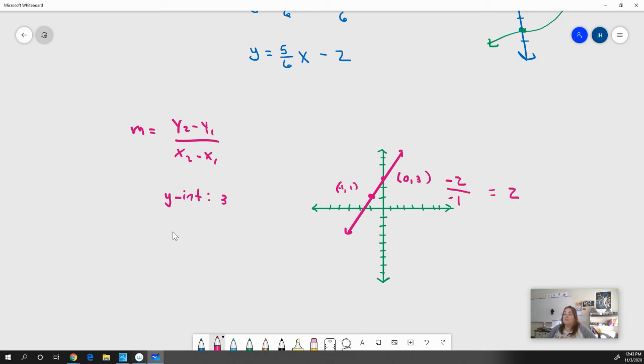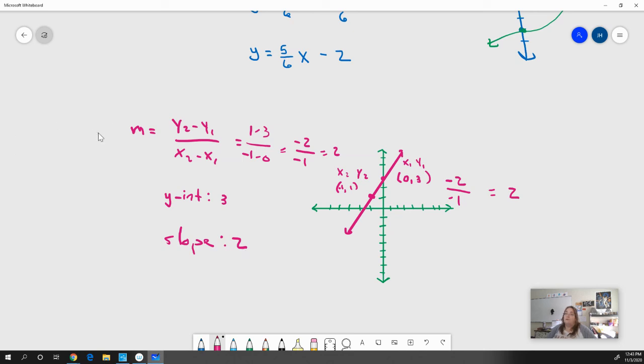Now I know I have a slope of 2. If I did it mathematically, I would still get the same solution. Let's call this my x1, y1, and this my x2, y2. If I go 1 minus 3 over negative 1 minus 0, I would still get negative 2 over negative 1, which is 2. So our slope is just 2 over 1.